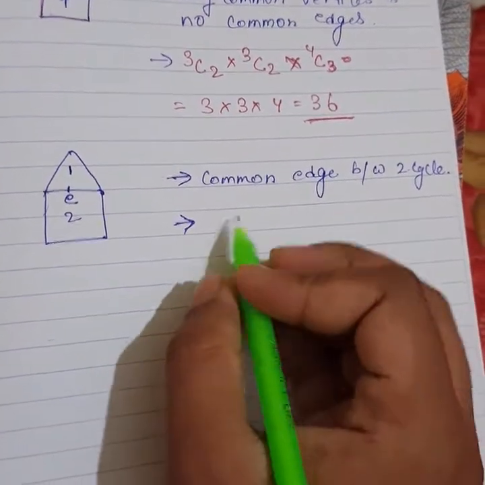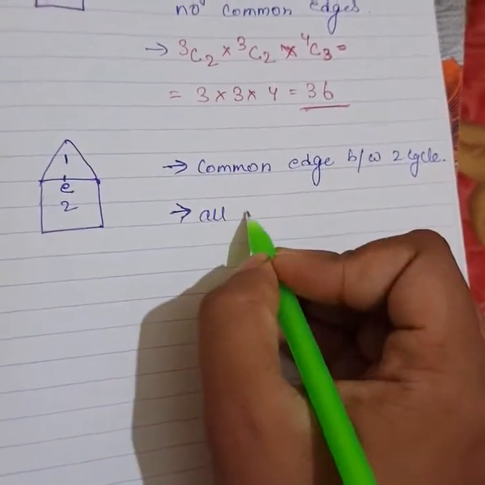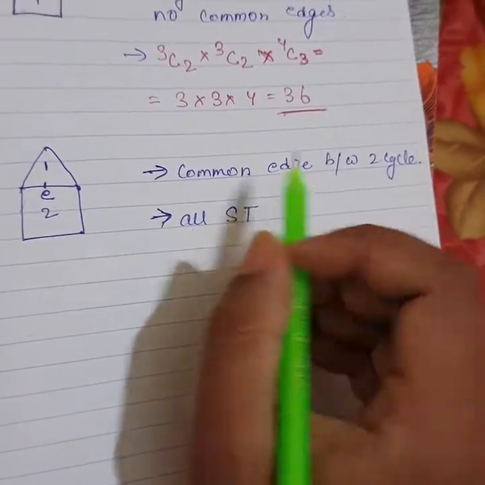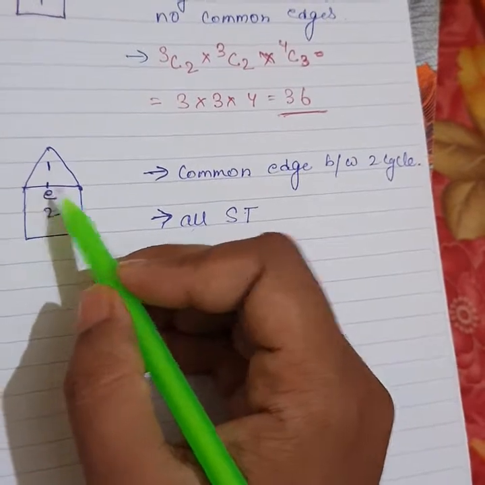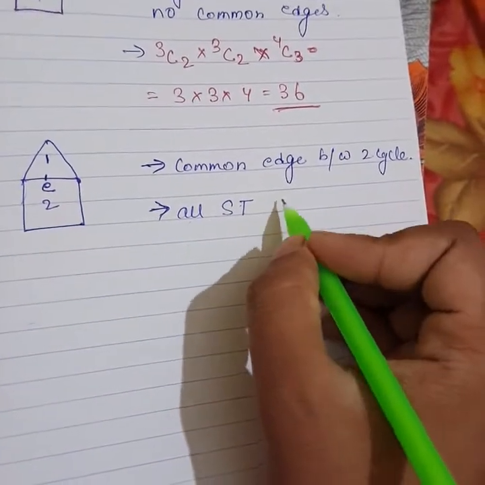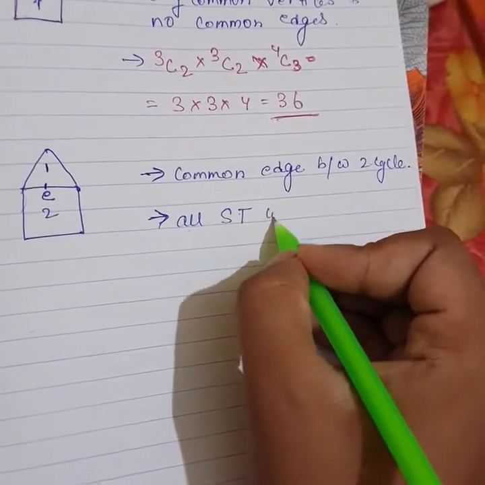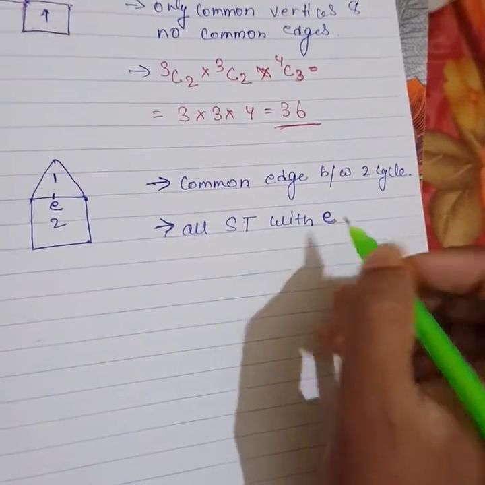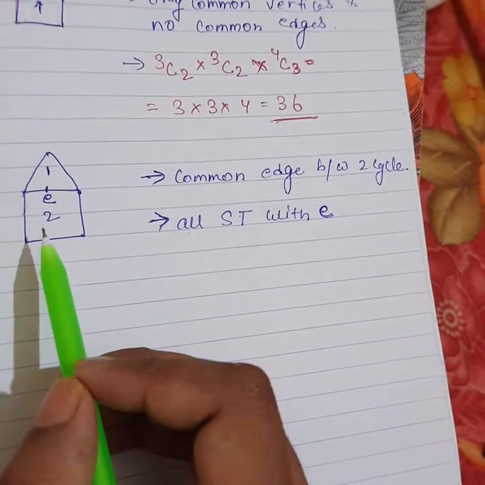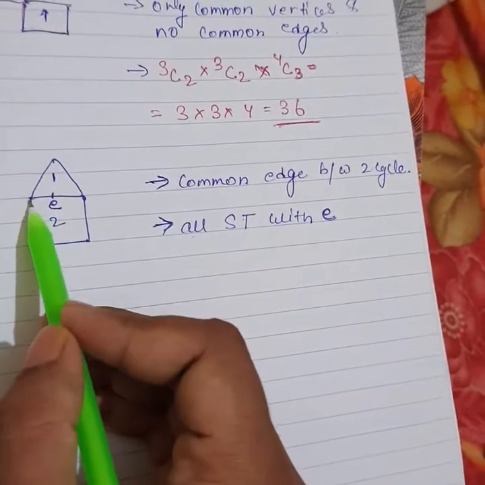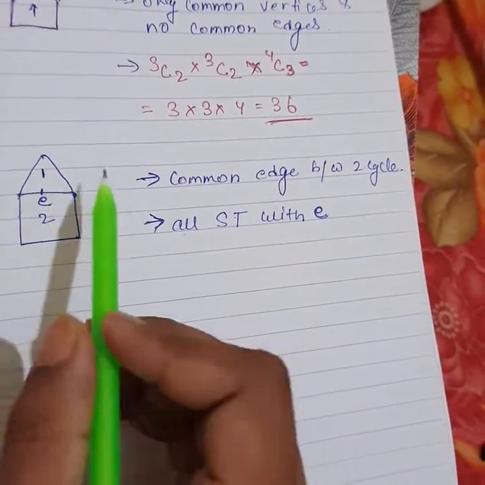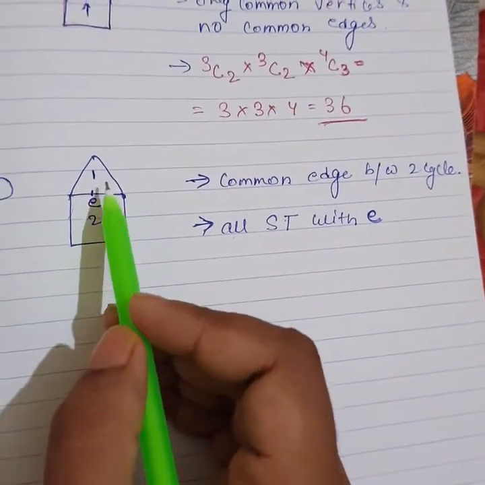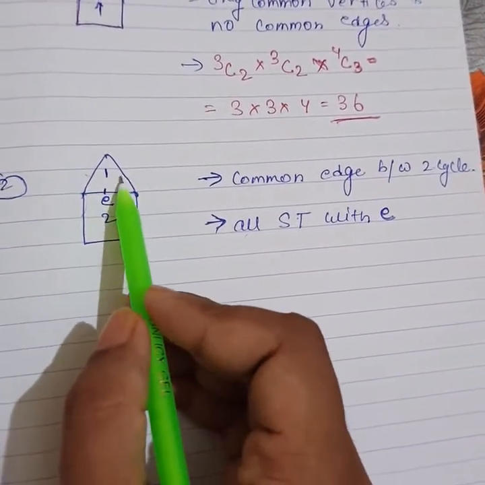So first of all, try to write all the spanning trees that contain E. If E is contained, then for cycle 1 we have two options, either we take this or this.